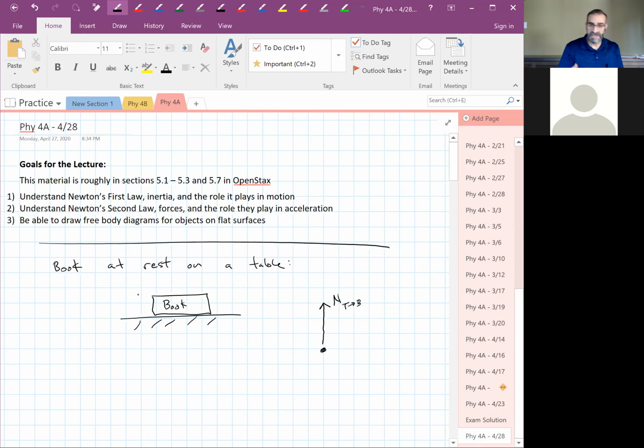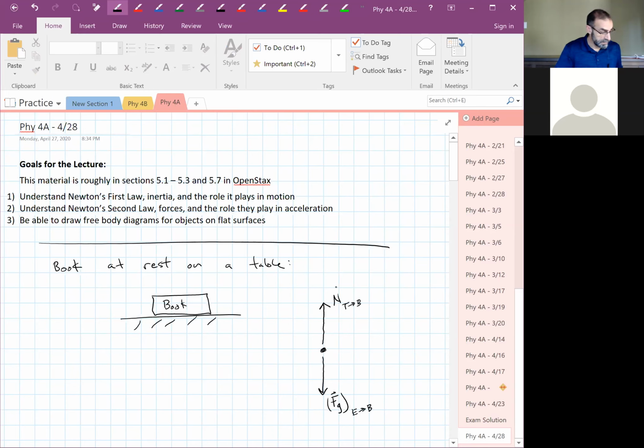But if the book is just sitting there, there's no reason for it to have a friction force. And so that's everything that's touching our book. What can reach in from a distance? Gravity. So I'll write F sub G, and that's the earth on the book.